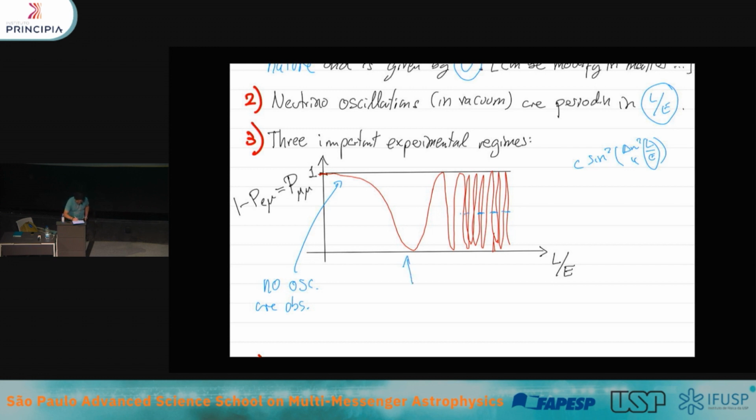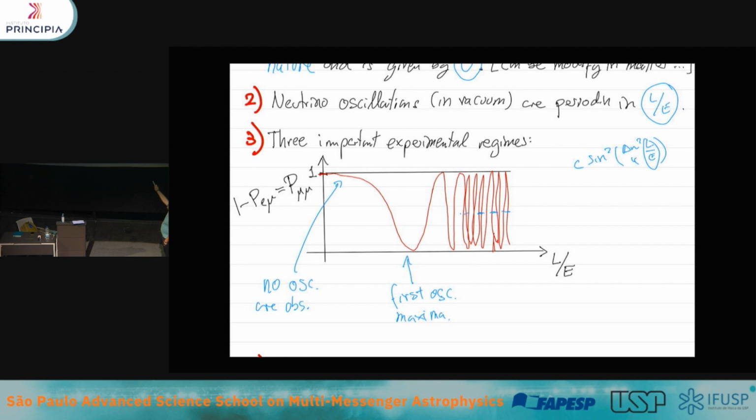Then here is the location of what's known as the first oscillation maximum. So making neutrinos in the laboratory or at Earth is expensive. You have to have a powerful beam to make them. And if you have a neutrino beam and you put your far detector far away, you lose flux like 1 over L squared or 1 over L to some power, depending on how focused the beam is.